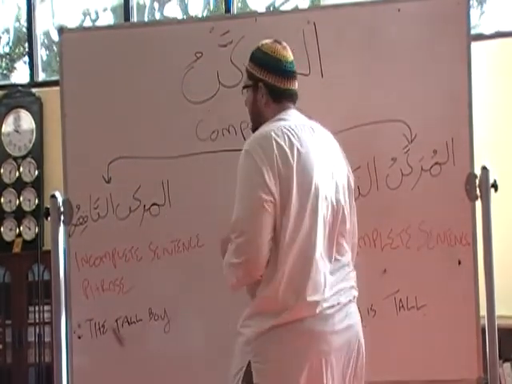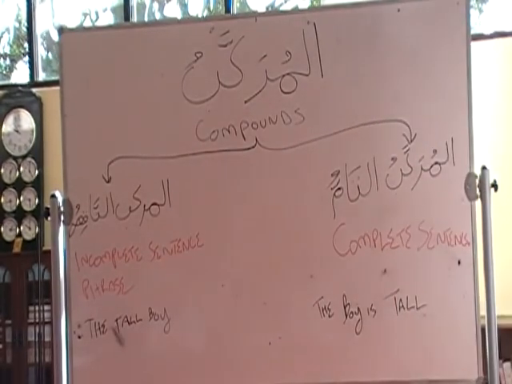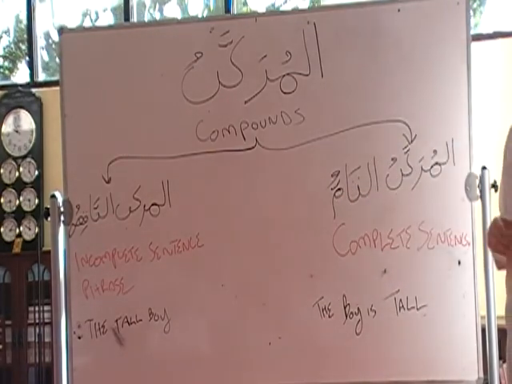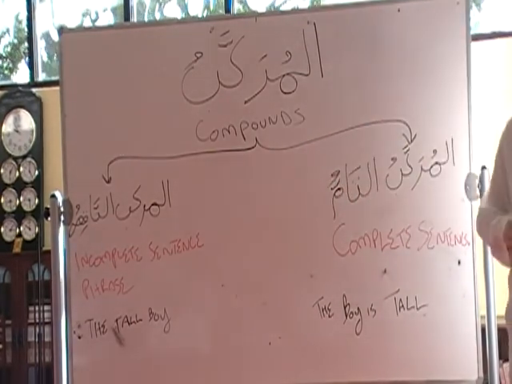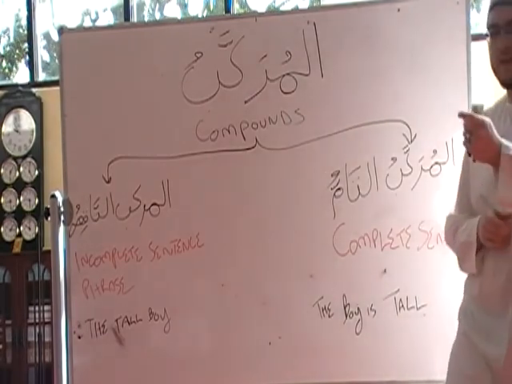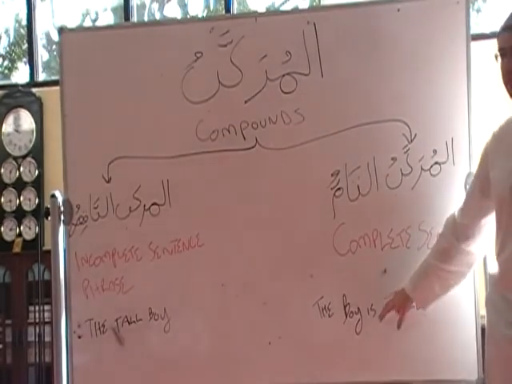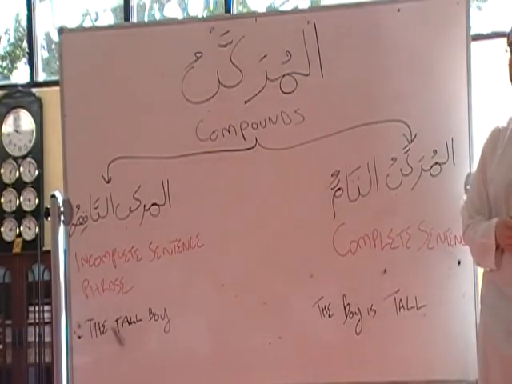Right? What makes a sentence complete? What makes a sentence incomplete? Does anyone want to give it a shot? What's the difference between this and that? What makes this complete and that incomplete? Go ahead. Is. So describe it a little bit more. Besides the is. The is, of course, will identify it complete.